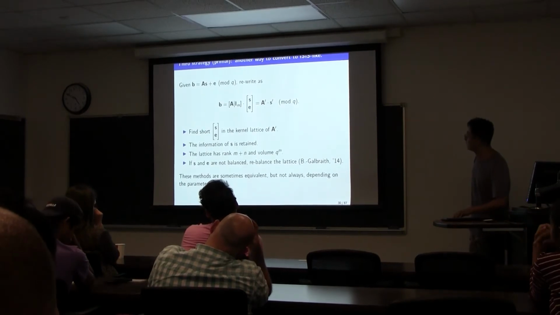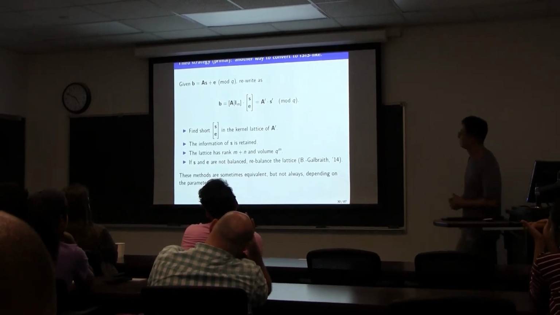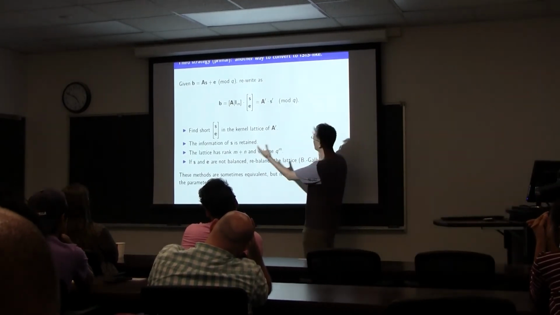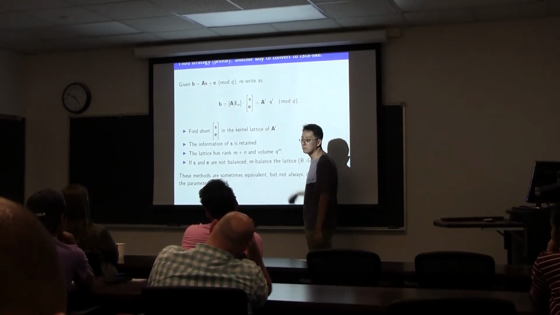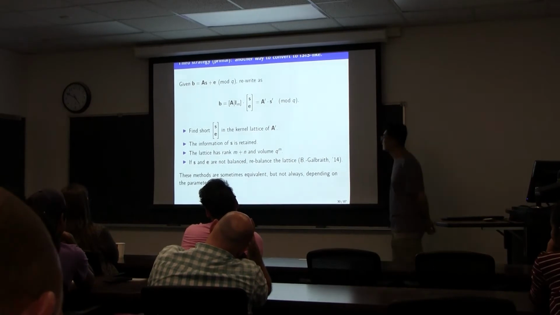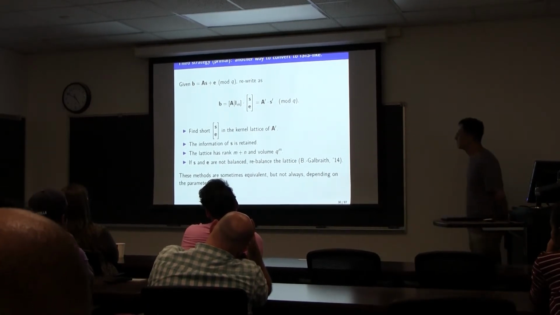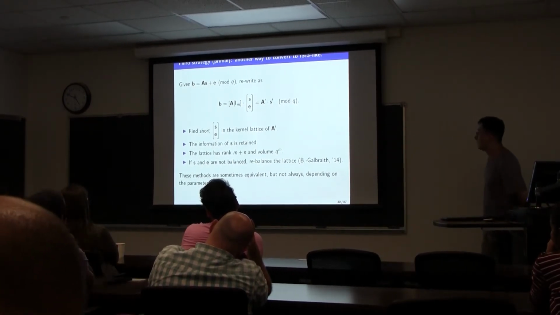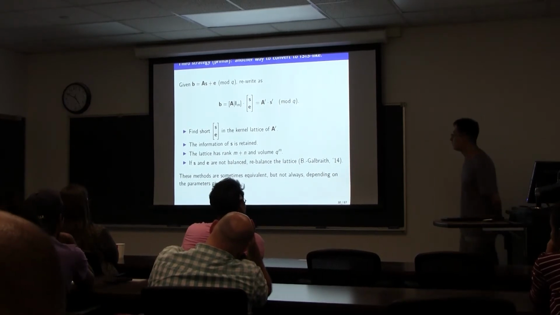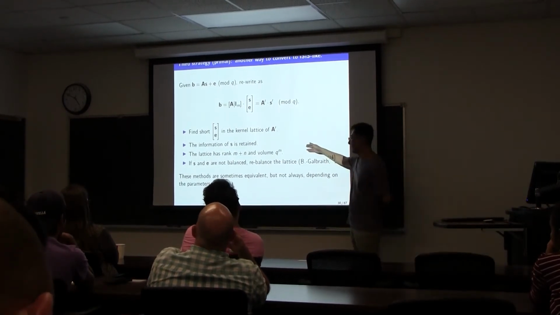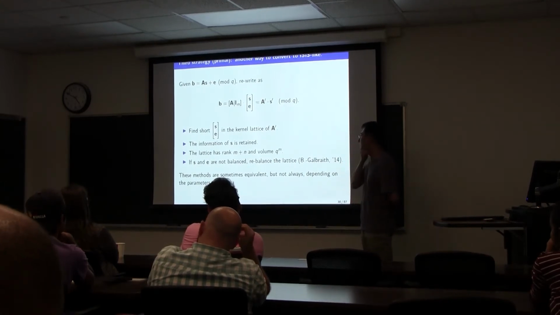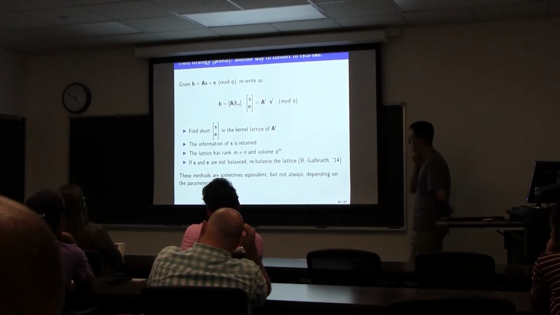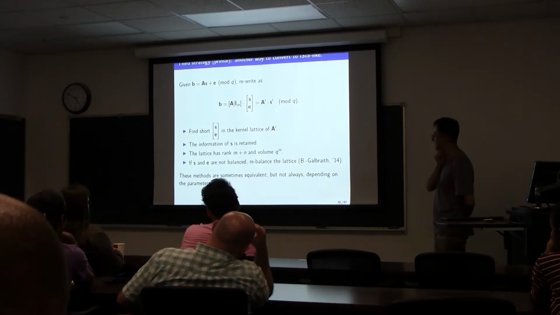So the new problem is again SIS: a longer matrix A prime times a longer secret S prime equals my original target B. We can also compute the volume. If S and E are not balanced, there's also a technique to rebalance the lattice.